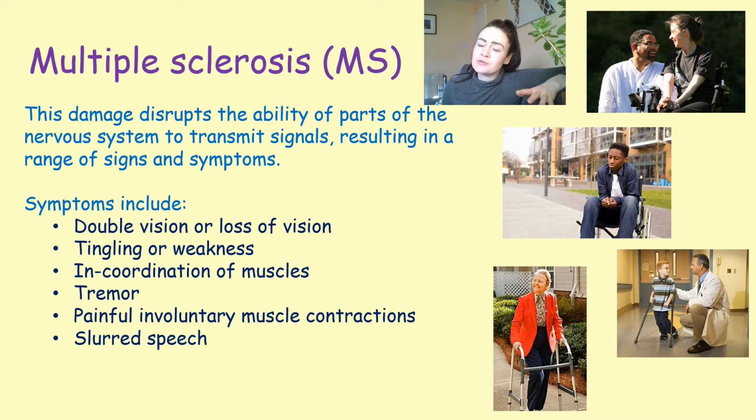Now, multiple sclerosis is something that people suffer in varying levels. Some people have to move around in wheelchairs, whereas other people can move around with walking sticks or with frames. It's also something, unfortunately, that gets worse over time. I've put a few videos up in the lesson later, and it will also discuss treatments and how it impacts people's lives.